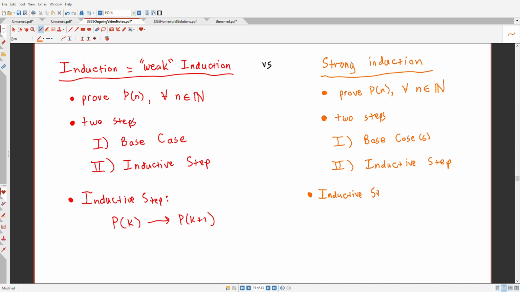So for the inductive step under the strong induction technique, we don't just assume P of k is true, we also assume the previous case, P of k minus 1, the one before that. And we might as well assume that all previous cases are true. So our inductive hypothesis is different in strong induction. We're going to assume not just that P of k causes P of k plus 1 to be true, but that P of 0, P of 1, and all the way up to P of k causes P of k plus 1 to be true.